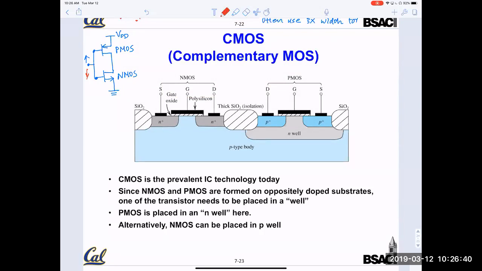In this case, PMOS is on, but NMOS is off. So they are never on at the same time. One of them is always off in a digital circuit, which means there's no DC current flowing from your power supply voltage, VDD, to the ground. And that's a huge saving of power.